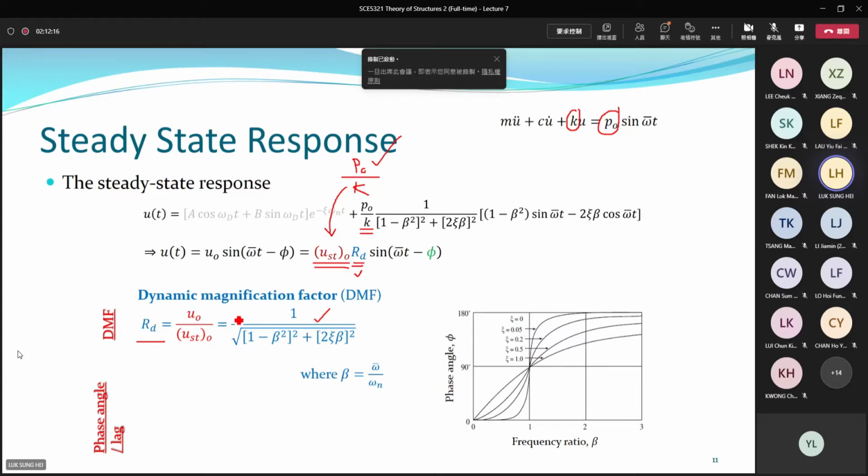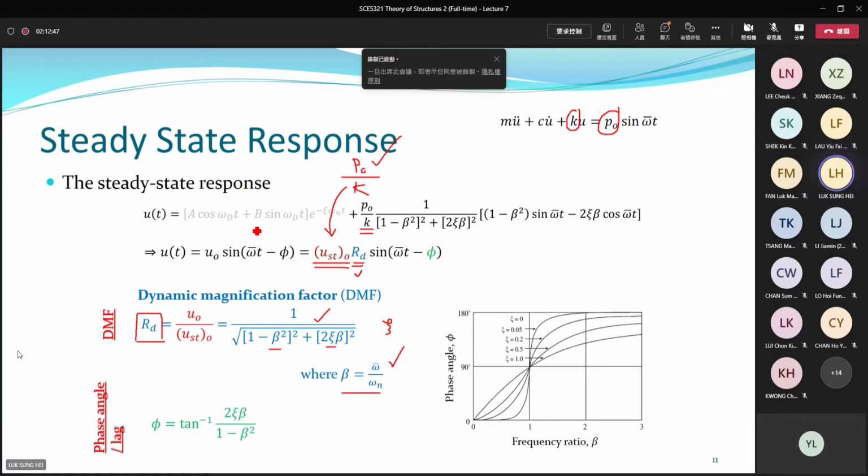The dynamic magnification factor depends on two parameters, beta and the damping ratio. Beta is the frequency ratio. The damping ratio is the thing that we mentioned in free vibrations. If you know beta and the damping ratio, then you can evaluate this dynamic magnification factor. It talks about the dynamic effect of a system.